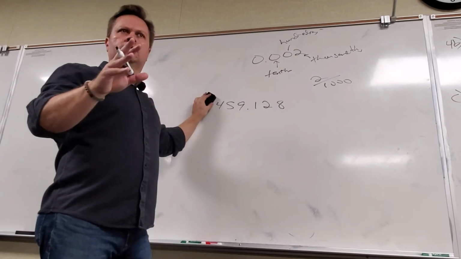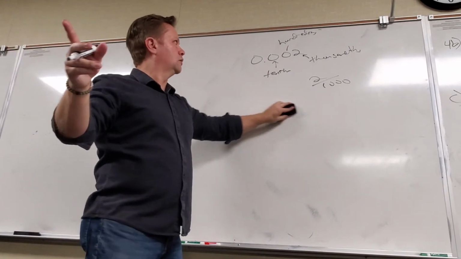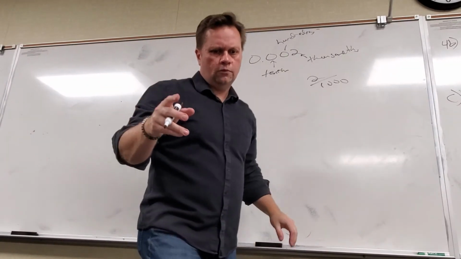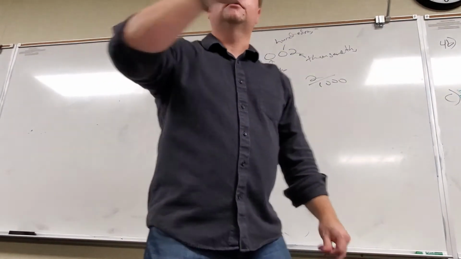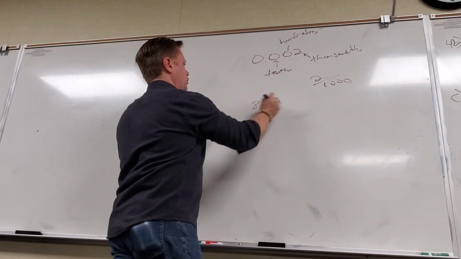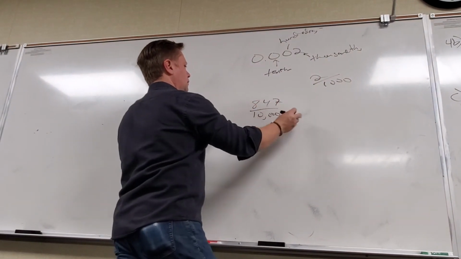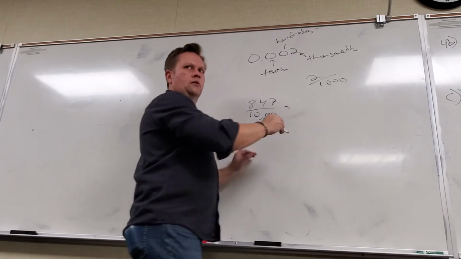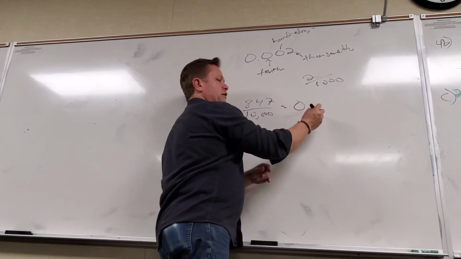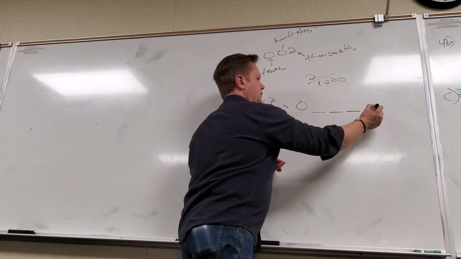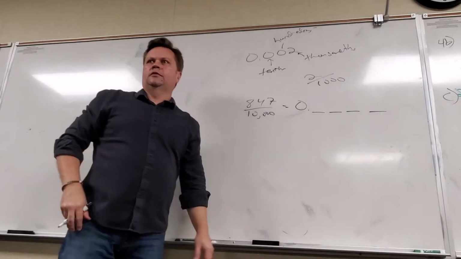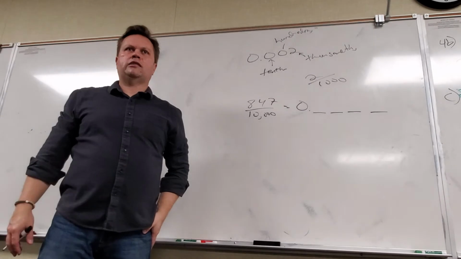How are we doing there? Was there more about 6? Yeah, so what about 847 over 10,000? This is what I normally do, watch. Tenths, hundredths, thousandths, 10,000ths. Sound like an evil person with a lisp.